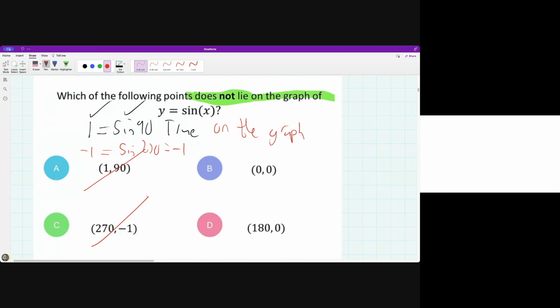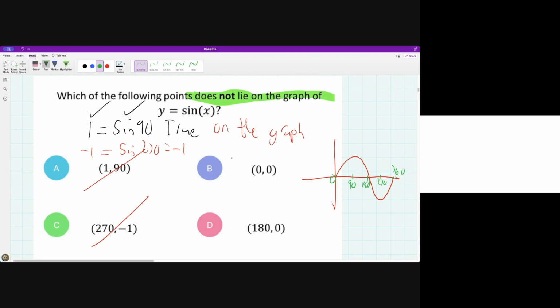Do you know what the answer is yet? Maybe I can help you with a graph of sine x. Doesn't the sine graph just look like this? Where that 0, that's 90, 180, 270, 360.